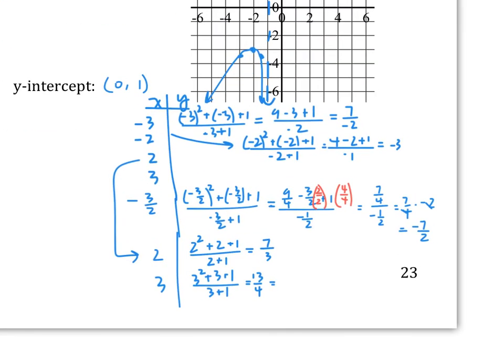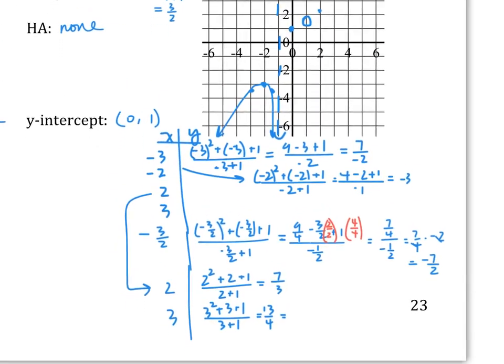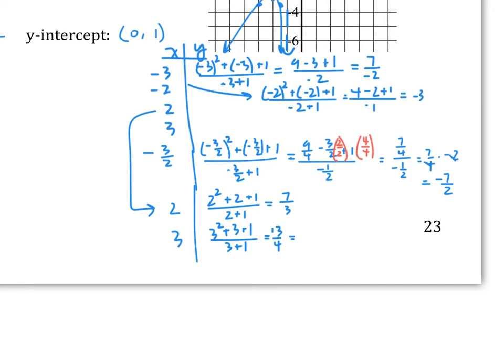All right, so this is turning out to be quite weird. So I'm going to put in just one more point, to double check: 0.5, so 1/2. 1/2 squared plus 1/2 plus 1, over 1/2 plus 1. So that's 1/4 plus 1/2 plus 1, over 3/2.